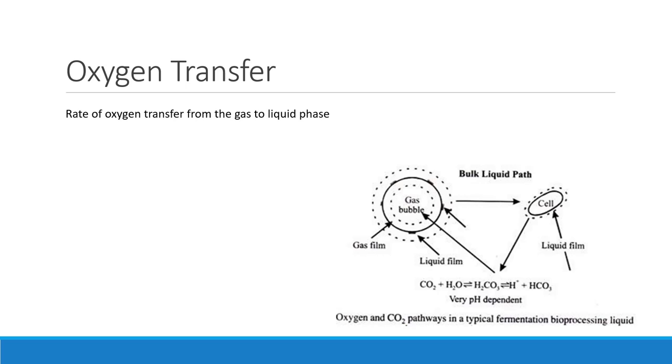The rate of oxygen transfer from the gas to liquid phase is directly proportional to the difference in concentration between saturated dissolved oxygen and the actual dissolved oxygen concentration, and the proportionality constant is the product of the oxygen transfer coefficient and the gas-liquid interfacial area, wherein the oxygen transfer rate can be represented as NO2 = KLa (C* − CL), which is equal to the oxygen transfer rate.